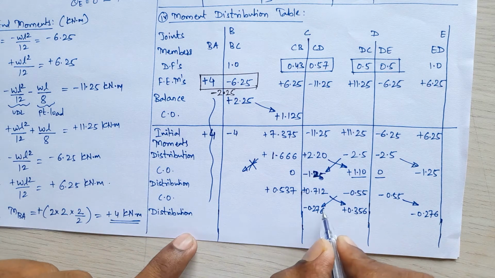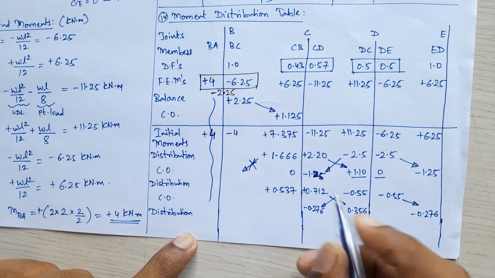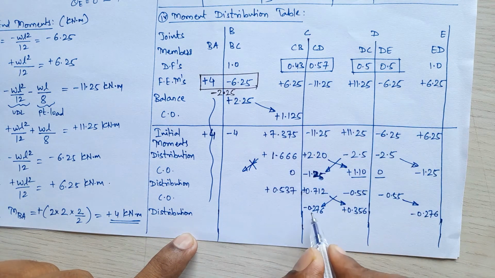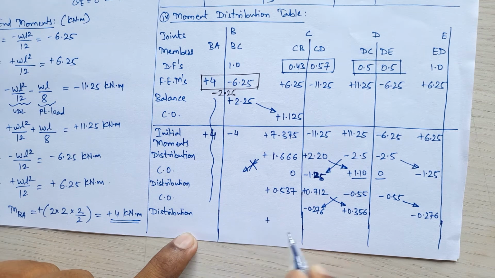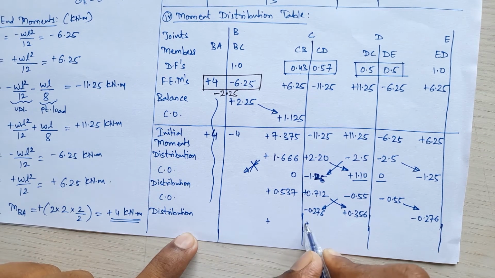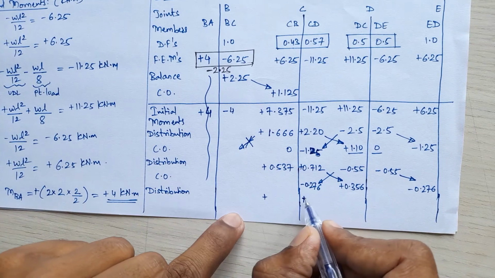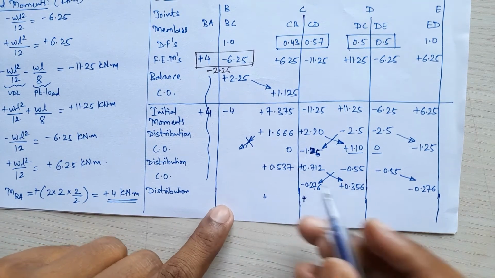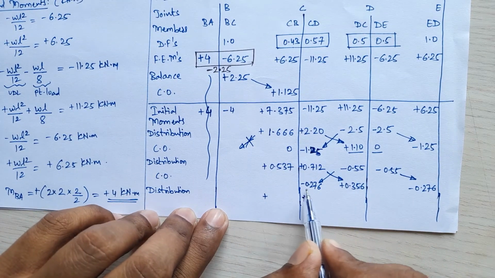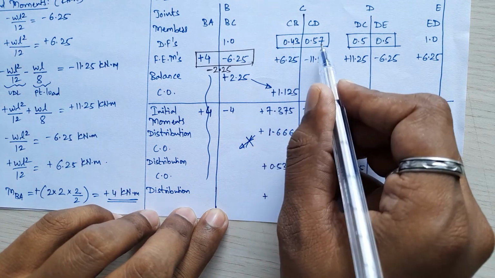So we'll distribute again this minus 0.276 with the distribution factors. This is negative, so distribution will be done as positive. I'm not having more space over here, so see properly. 0.276 will be distributed for 0.43 and 0.57.